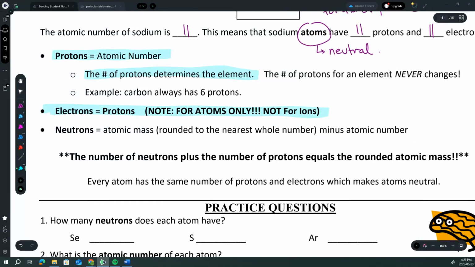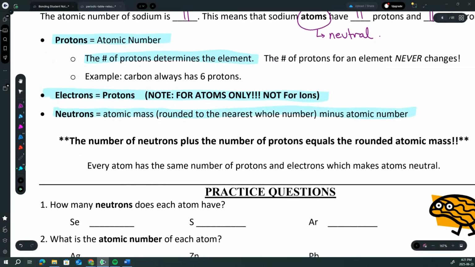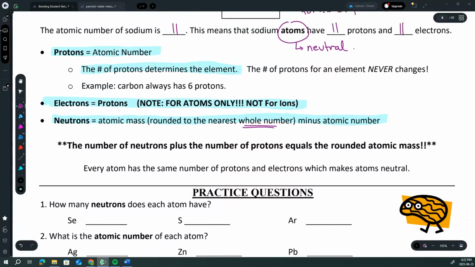Now, neutrons are going to equal the atomic mass, rounded to the nearest whole number, minus the atomic number. It's super crucial that you round the atomic mass to the nearest whole number because you can't have a fractional amount of neutrons. You can only have whole numbers of neutrons.